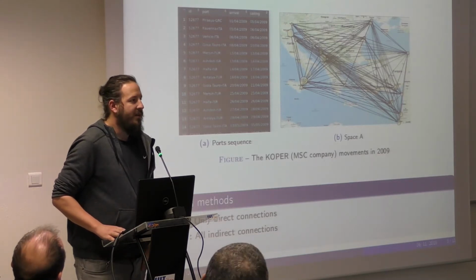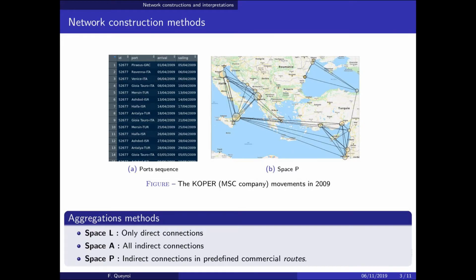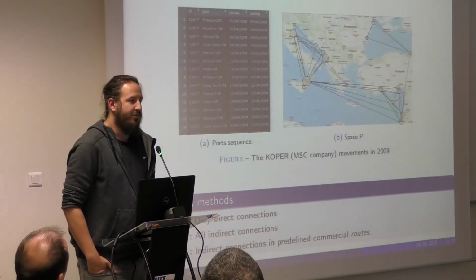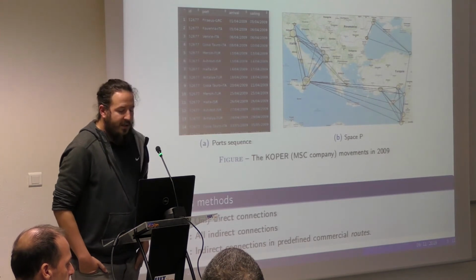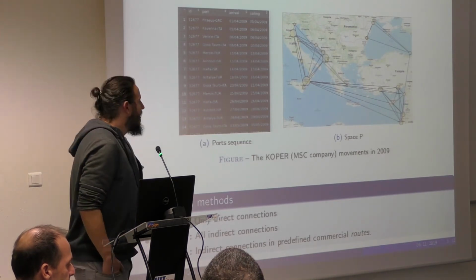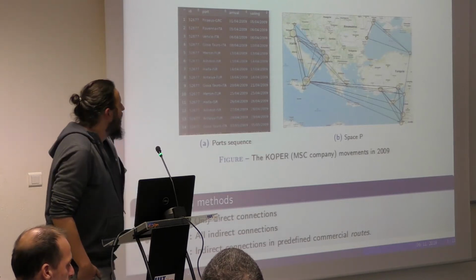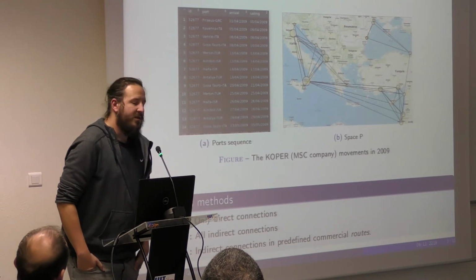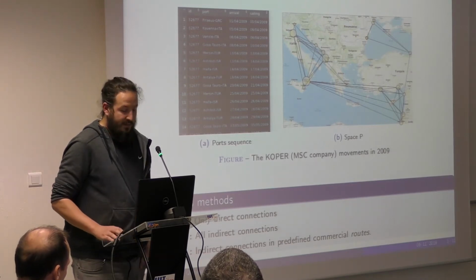However, a drawback with this is that, as you can see there, a ship actually follows some commercial routes, and it can be assigned to different routes even during the same year. For example, this ship started by connecting some ports in the Black Sea, and then went to the Middle East to connect to Italy, and then it went on a commercial route in the Adriatic Sea.